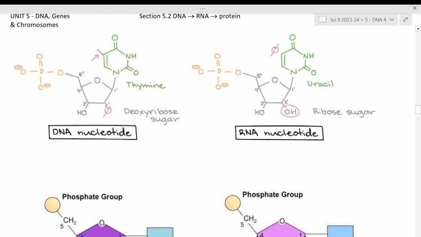If I want to really know what's going on, I can look at my deoxyribose sugar and say, oh, look, that oxygen is missing. And if I look here, thymine has this extra group and uracil is missing that group. Do you need to know that? No, you don't. It's just kind of there for fun.